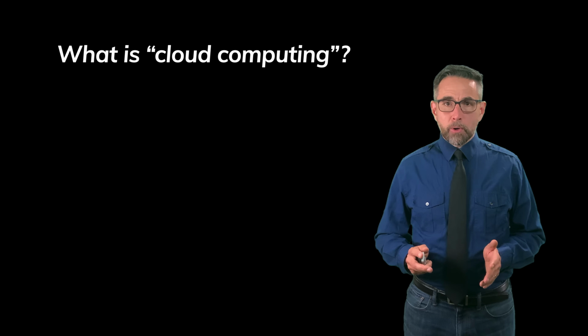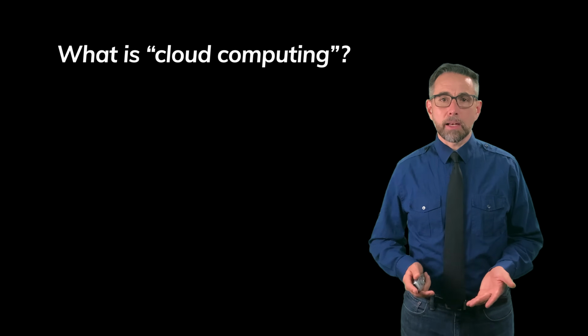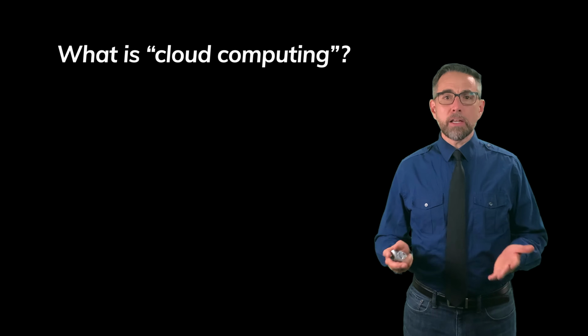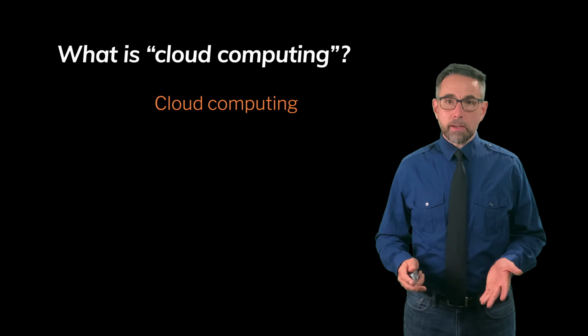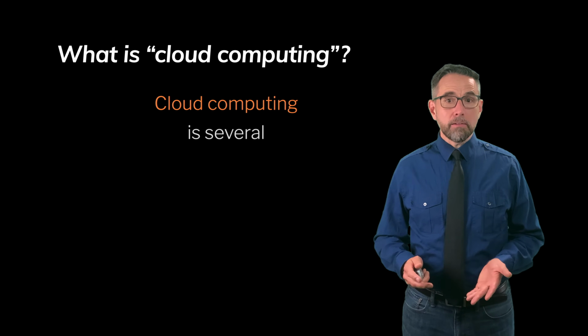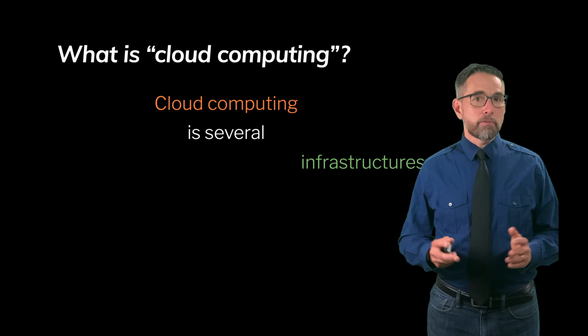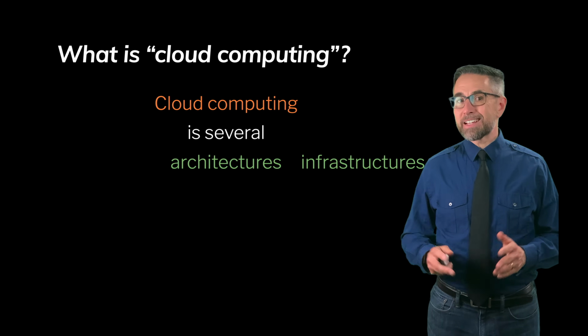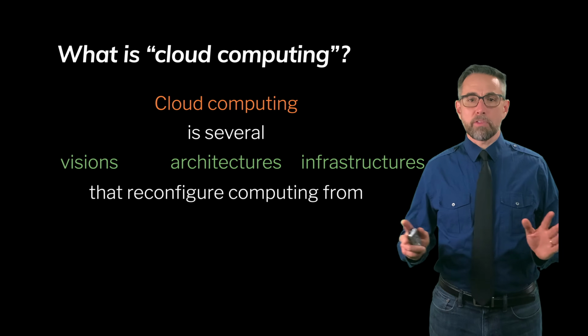First of all, I think it's important to set a definition for what I'm talking about when I say cloud computing. It's a little vague, but what I'm going to do is present it in kind of a Mad Lib style. As a definition, cloud computing is several, and here are 3 words you could pick between: several infrastructures, several architectures, or maybe several visions, one of those.